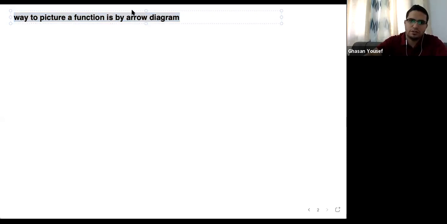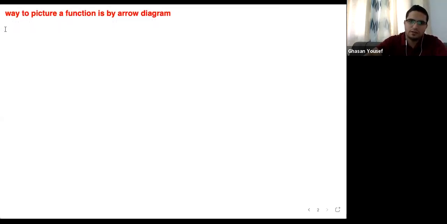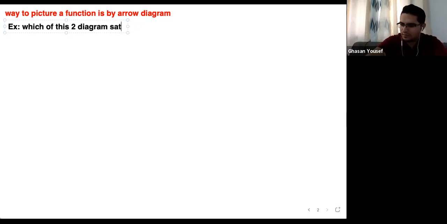I will show you what I mean by the arrow diagram. So my example now: which of these two diagrams satisfies being a function?